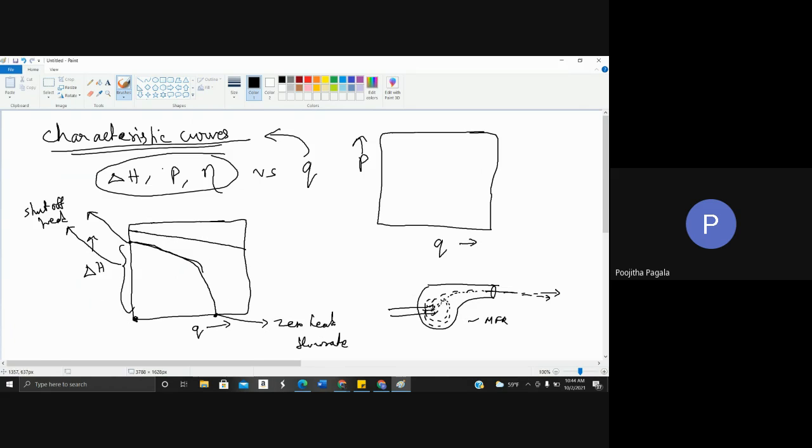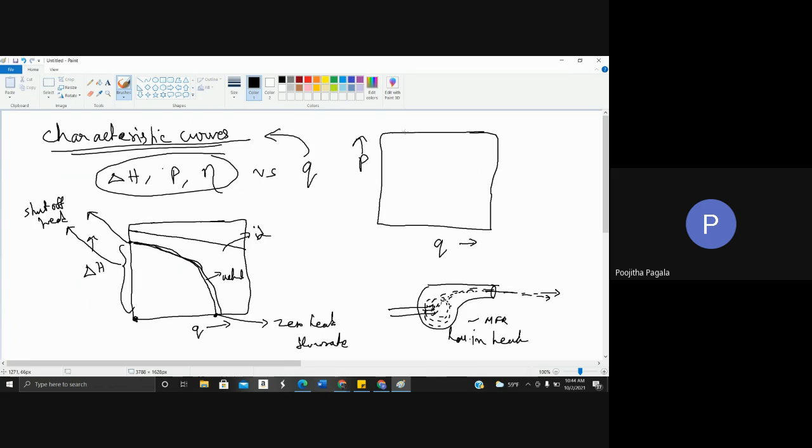So it may leave instantaneously or it can undergo circulation for certain time. And whenever it is undergoing circulations, it leads to loss in head. As a result, we have a steep decrease in this, which is the actual curve, and this is the ideal case.